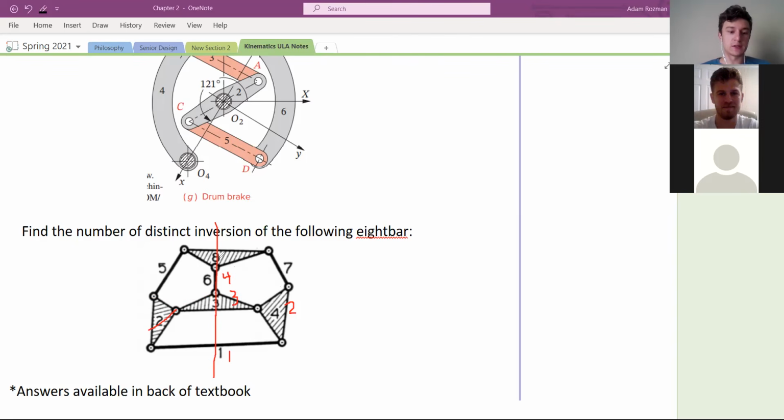Since these are kind of on the line, you can't find a mirror of that. 7 counts as 1. And if you look across 5, if you fix 5, it's the same thing as fixing 7. So that doesn't count as another inversion. And then link 8 is again just another distinct inversion.